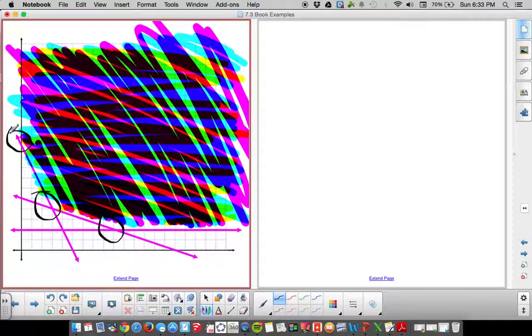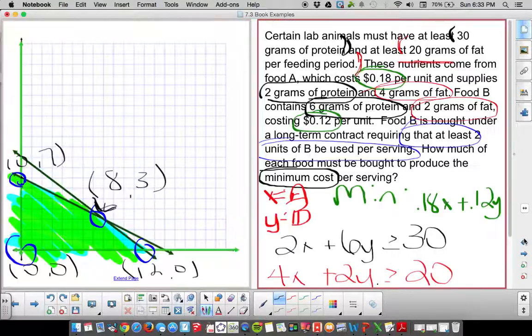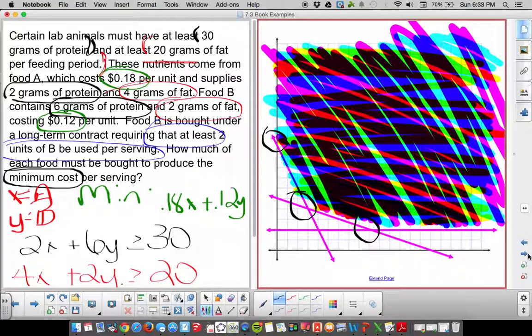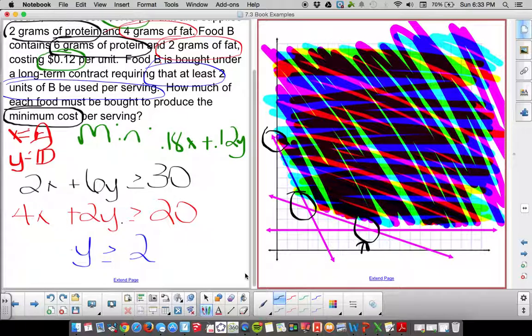I know the intersection here is the intersection between y equals 2 and 2x plus 6y equals 30.